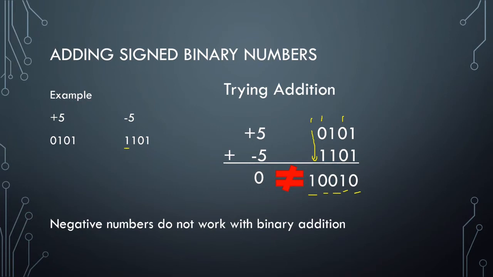Signed binary numbers are good for representing the number. They're fine for that. But when we have to add negative and positive binary numbers, or if a negative binary number is involved in some way in the addition, we have to do something different.